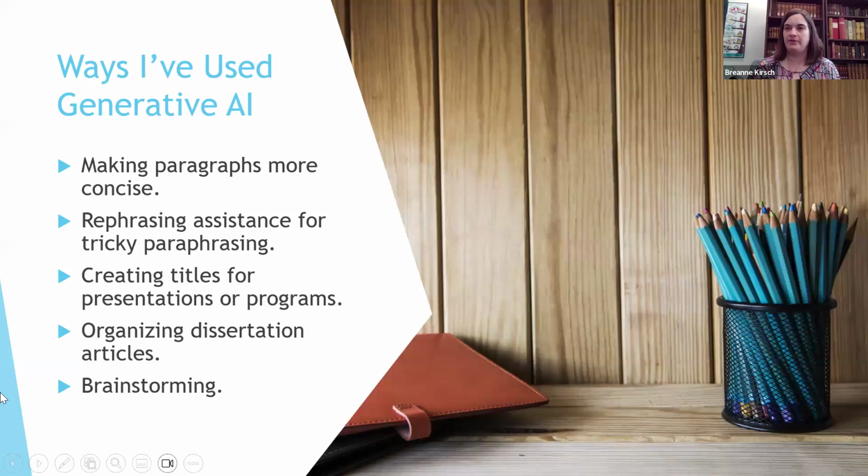Some of the ways I've used generative AI are to help make some paragraphs more concise, rephrasing assistance for tricky paraphrasing, creating titles for presentations or programs, organizing dissertation articles, and brainstorming.